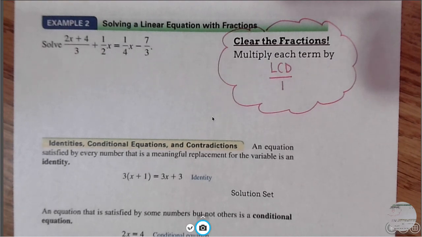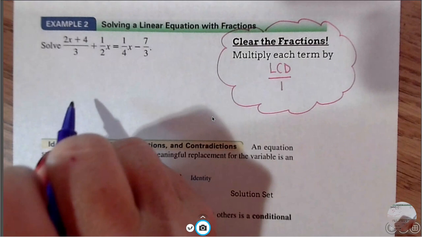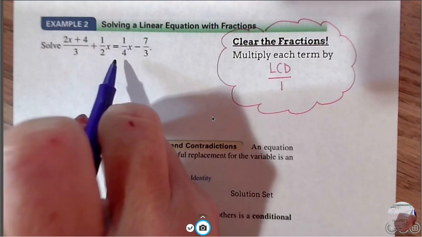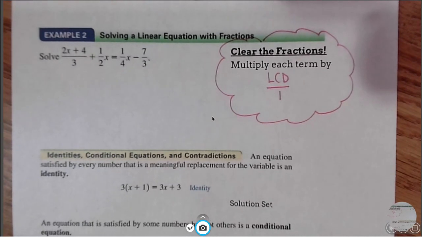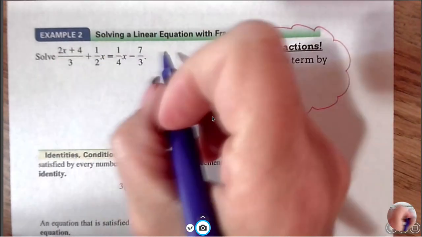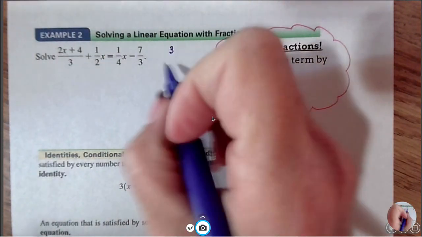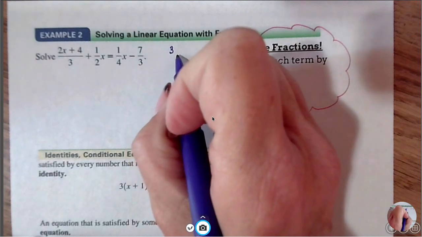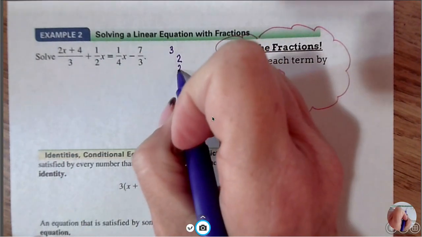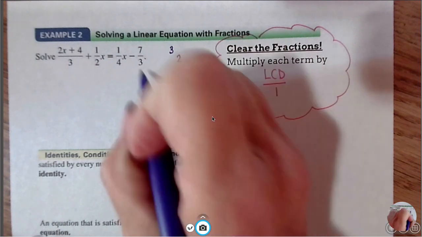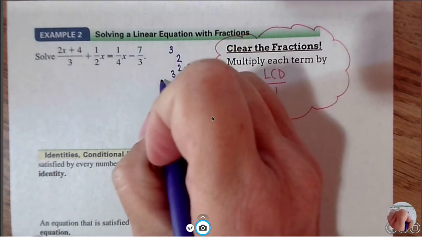To figure out the LCD, I'm going to write each of my denominators in its factored form, and I'm going to stack those common factors above each other. So I have a denominator of 3, another denominator of 2, and then 4 would break down to 2 times 2, and then I have another 3 for a denominator.